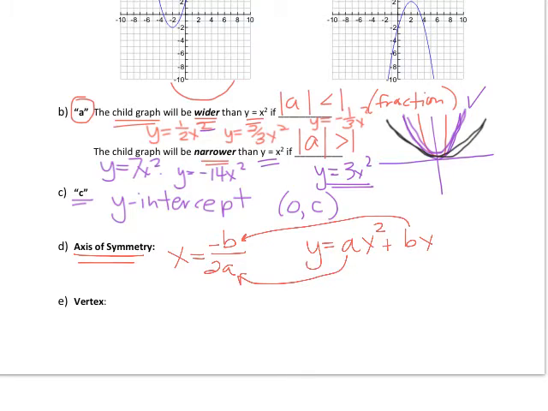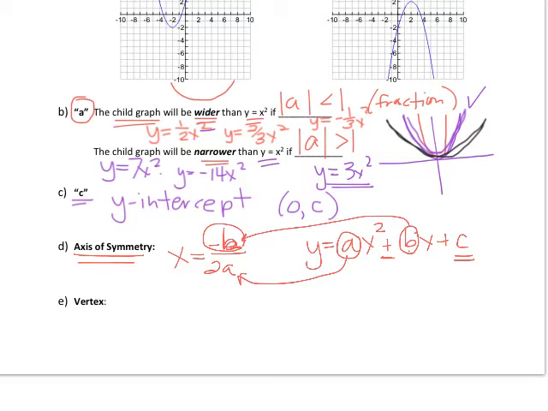So if this is a positive, this is going to end up being negative b. And if this is a negative b, then this will end up being a positive b. And then we're going to have our c. The c is not going to help us figure out the axis of symmetry, but we're just going to plug the things in that we see, the coefficients in front of those two terms with the variables, and we will find our axis of symmetry.